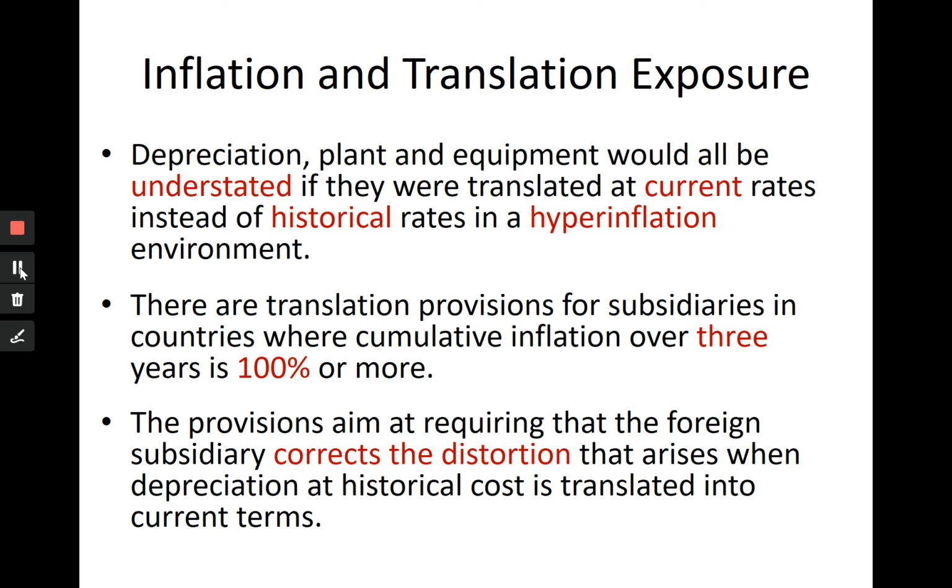The fix for this headache on the current method is rather easy. The current method says, look, if you are in a country that has hyperinflation, we give you a remedy. And hyperinflation is defined as inflation being 100% or more in 3 years.